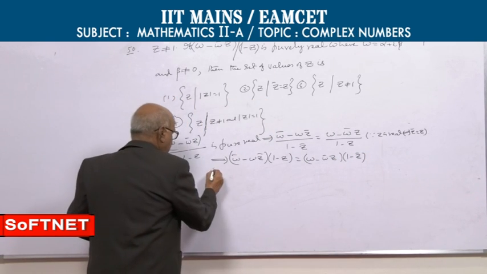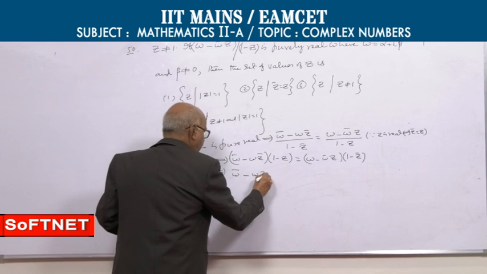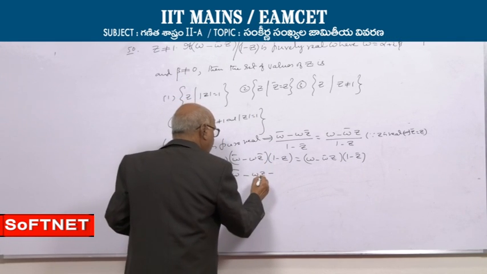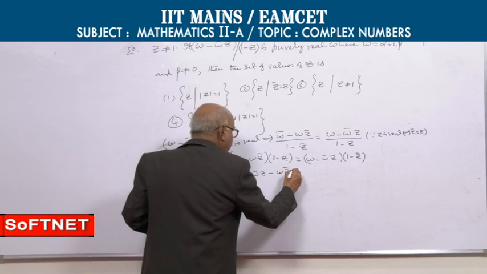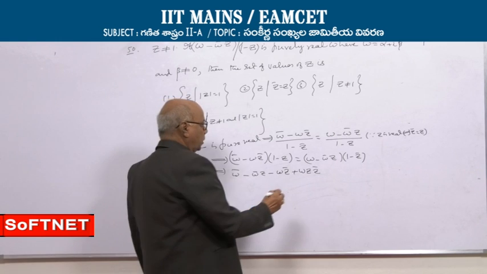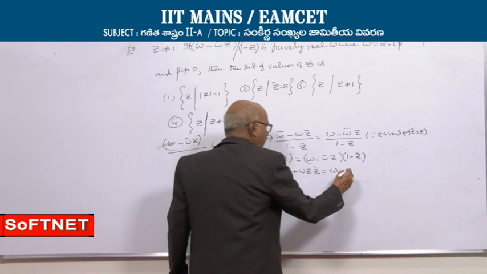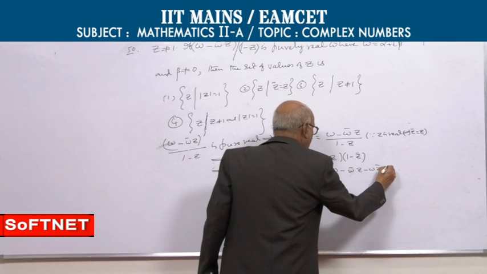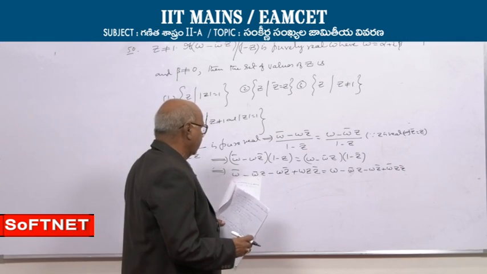Now simple multiplication. The left side is ω̄ − ω̄z − ωz̄ + ωzz̄, equal to ω − ωz̄ − ω̄z + ω̄zz̄ on the right. Now see what terms you can cancel.